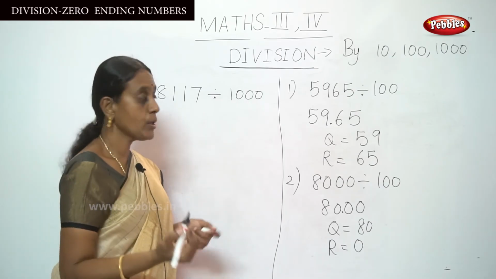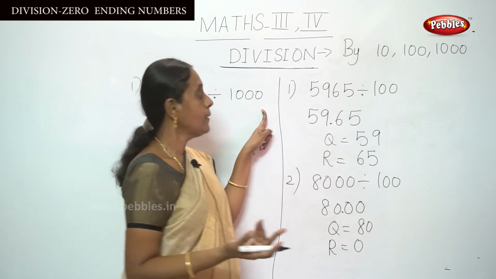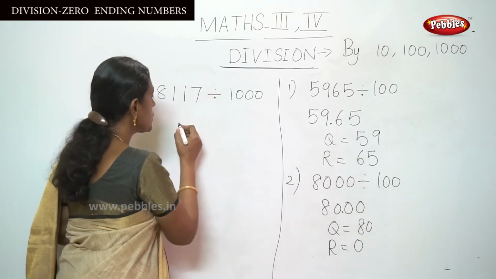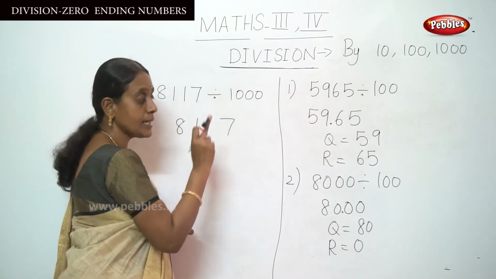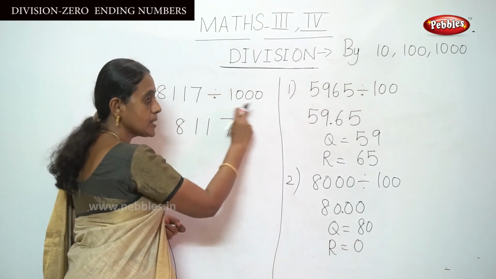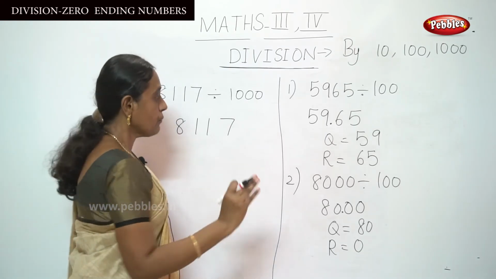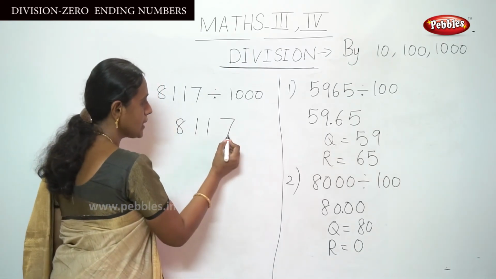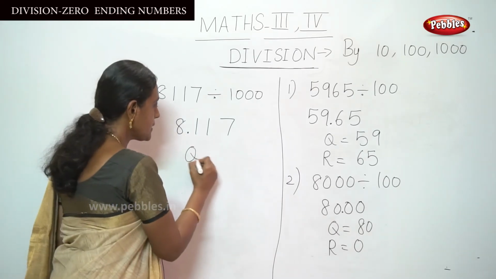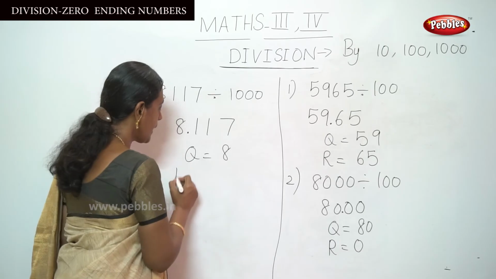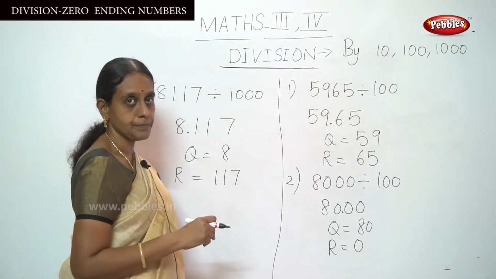This is also the same. You should count the zeros. How many zeros are here, children? There are a total of 3 zeros. So from the right towards the left, 1, 2, 3. So the quotient is equal to 8 and the remainder is equal to 117.